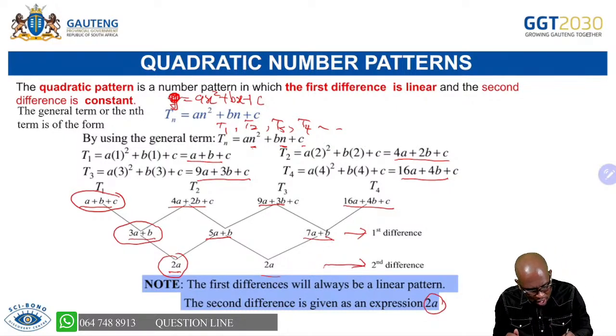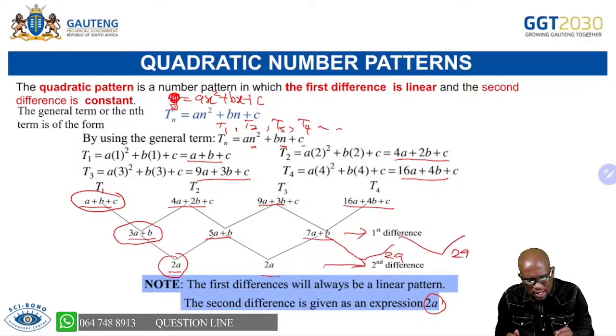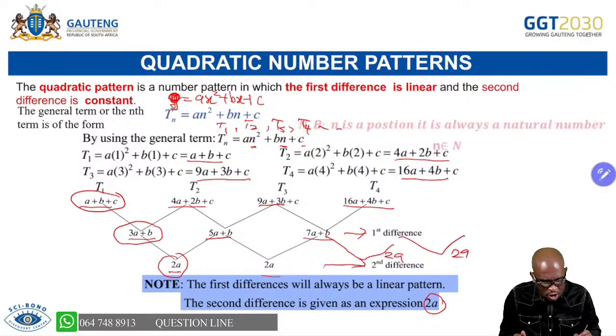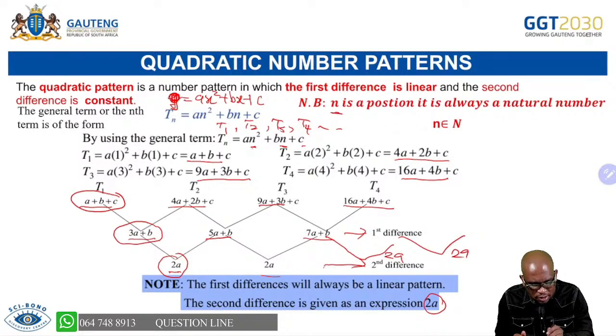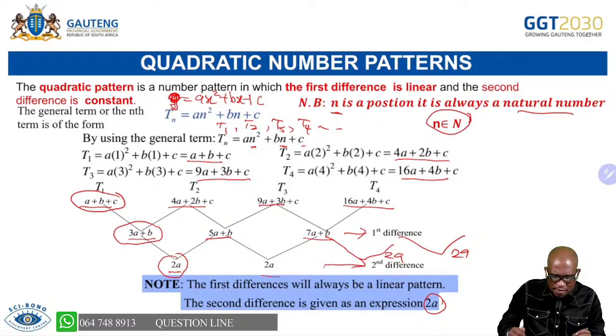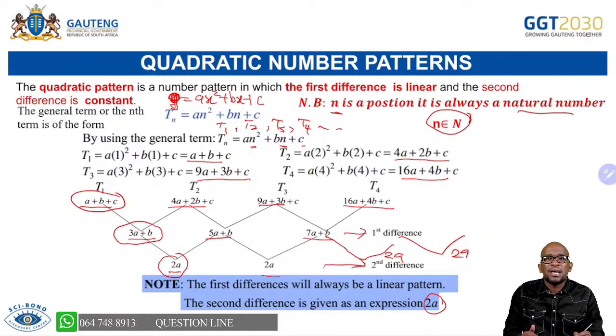So even if you work out another one here, it will be 2a, another one there, it will be 2a as you go on. So n is the position. It is always a natural number. So the understanding of number systems here becomes of paramount importance, to say n is an element of the natural numbers. So it cannot be in decimal or fraction form.